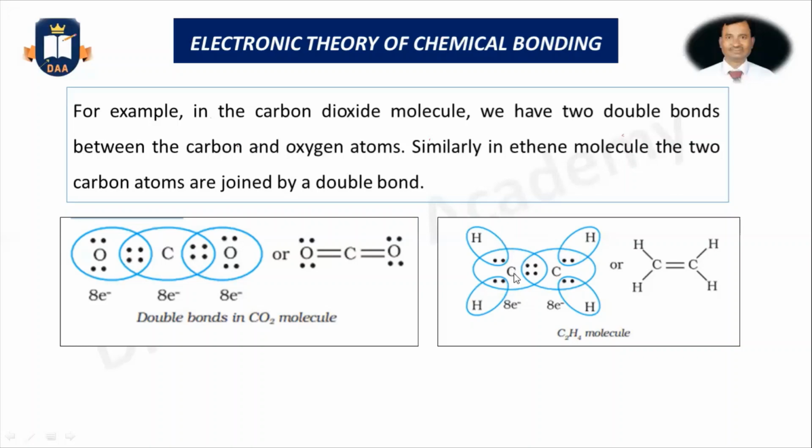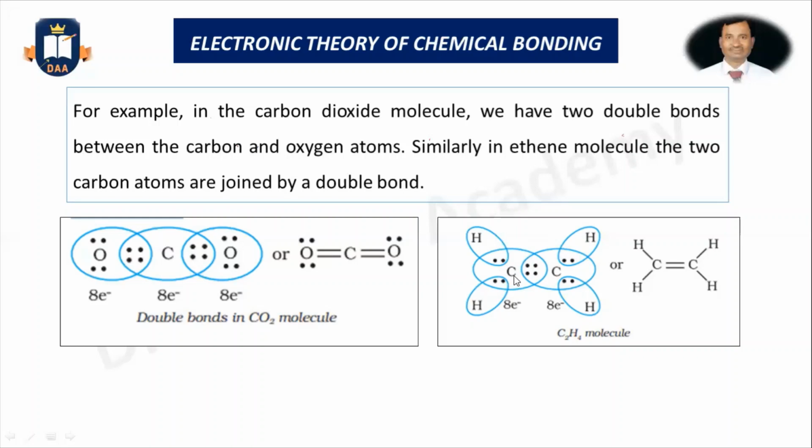So in the center it has 2 carbon atoms, left side and right side, and each carbon atom is attached to 2 hydrogen atoms. So here you see also that the left side carbon has 4 electrons, 1, 2, 3, 4, and all 4 electrons are shared with neighboring atoms.